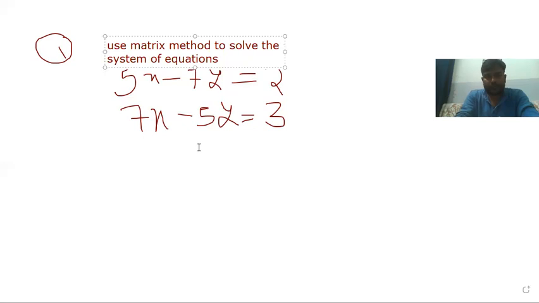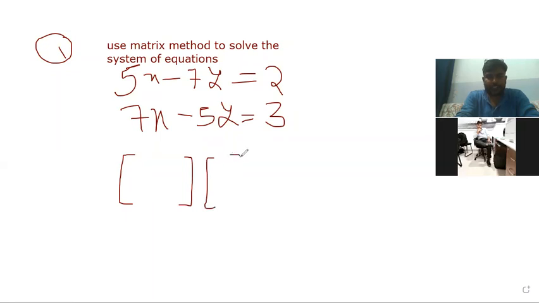So first of all, we will change this equation into AX is equal to B form. Means we write the given equation in this form. See carefully.